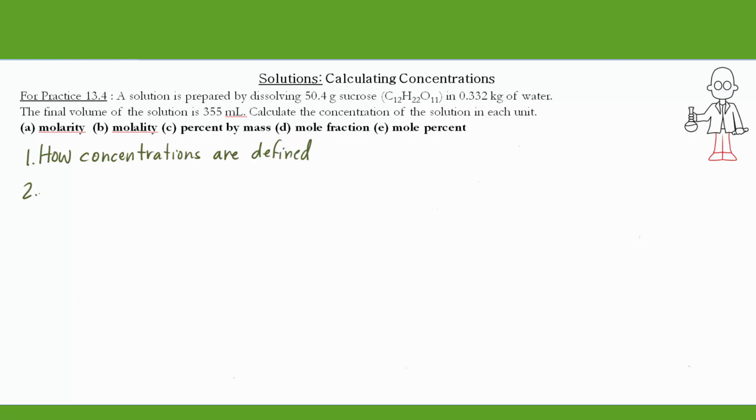Number two is you have to know the relationship between grams and moles. You have to know the relationship between moles and grams. And you have to know the relationship between volume and density.